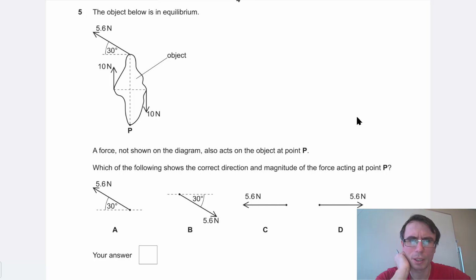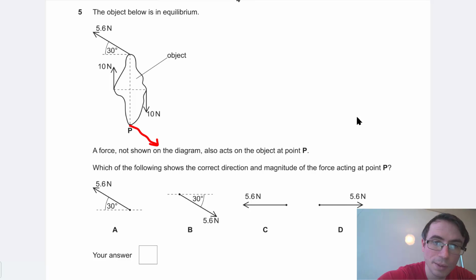The object below is in equilibrium. A force not shown in the diagram also acts on the object at P. Which of the following shows the correct direction and magnitude of the force acting at P? Okay, so we need to do two things. We need to balance out the magnitude of the individual forces in every direction, and pretty much the only way that we can do that is if we have a force of 5 newtons or 5.6 acting this way.